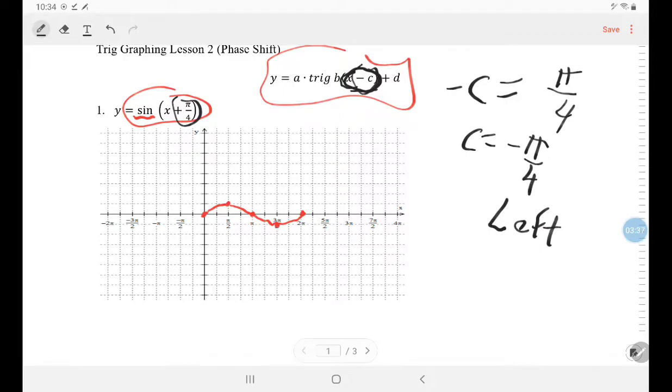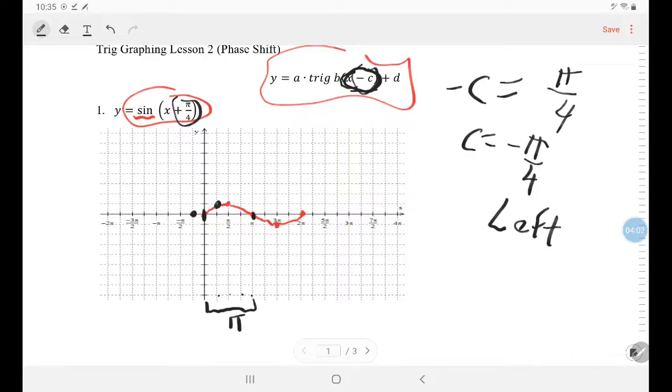Again, if you look at the scale on my graph paper, it takes 1, 2, 3, 4 of these little grids to go pi, which means each of the little grids is pi over 4. So all I do is take this point and move it one grid or pi over 4 left.